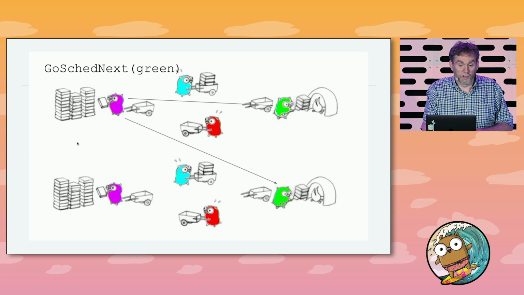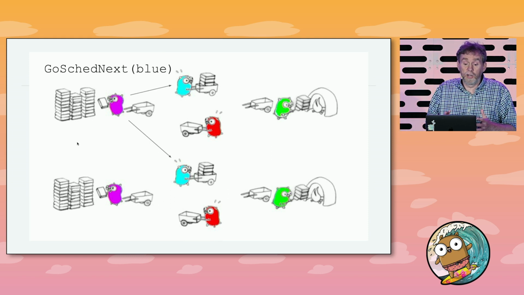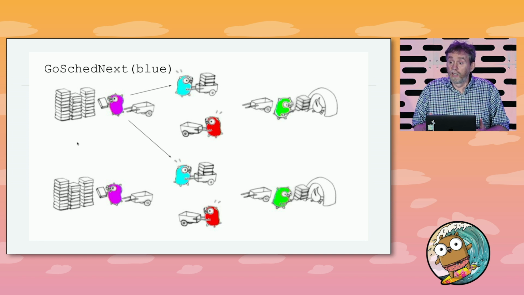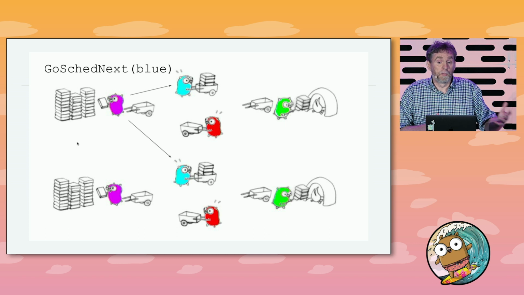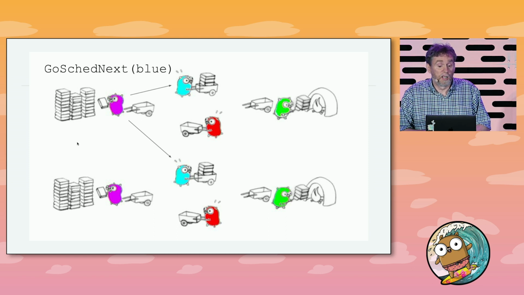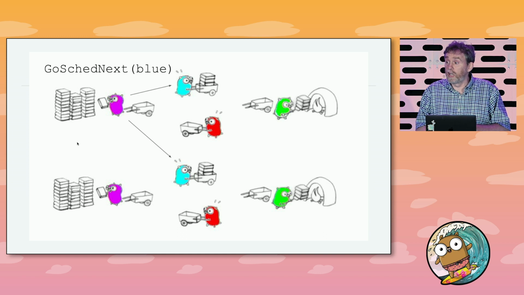Quite simple. It should be mentioned, though, there's some optimization in the scheduler. So if the purple gopher is connected to the blue gopher by some kind of channel, that is, the gopher putting books in the cart is connected to the gopher pushing the wheelbarrow full of books, the scheduler has some optimizations built in to ensure that the blue will run next.